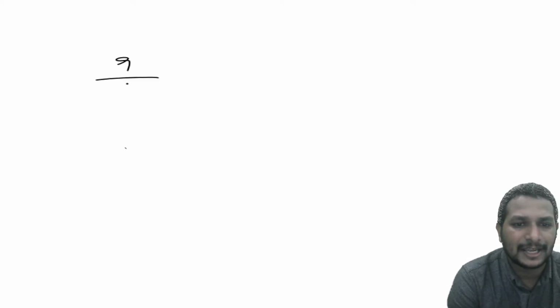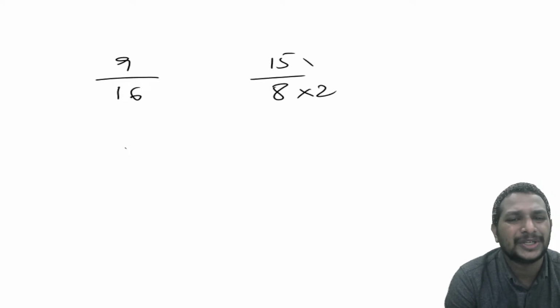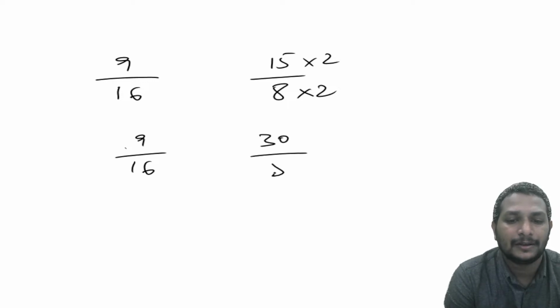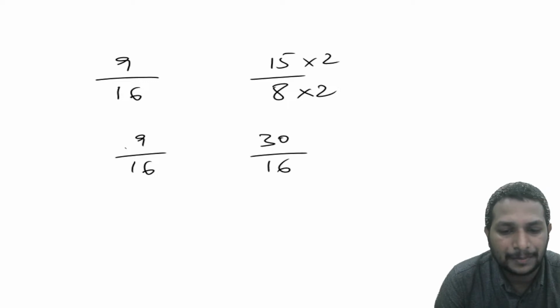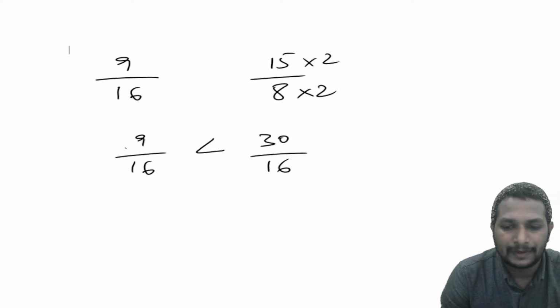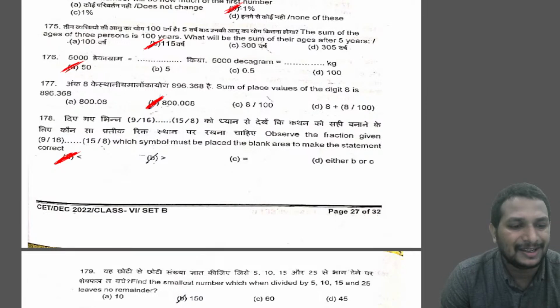So they gave 9 by 16 and the other fraction is 15 by 8. I just want to convert this into 9 by 16 and 30 by 16. 9 by 16 is less than 30 by 16. So we'll keep a less than symbol. Less than is nothing but option A. The answer for this question is option A.